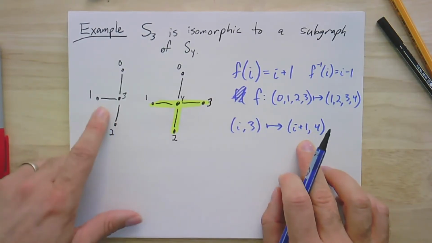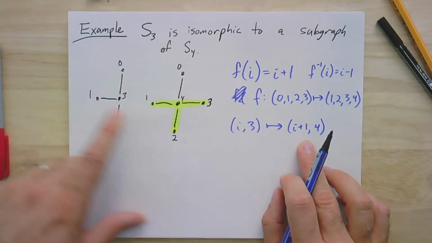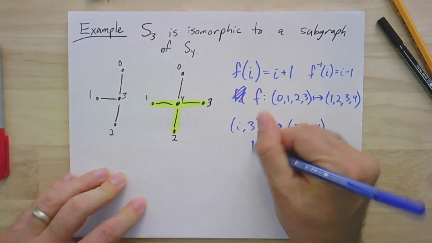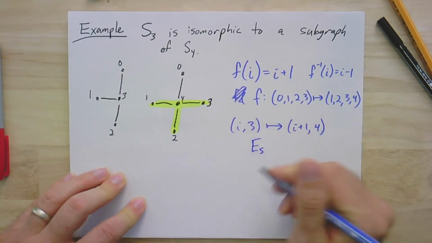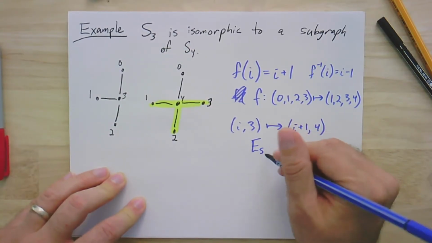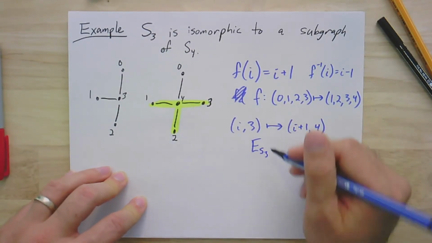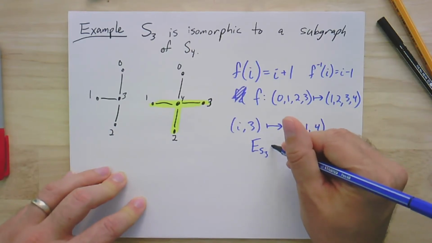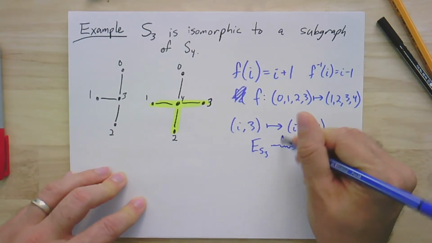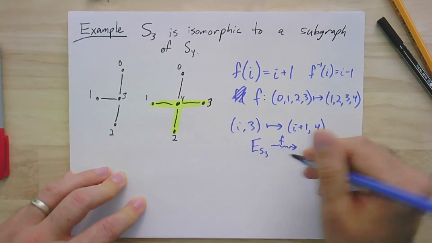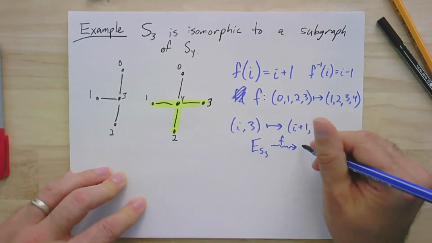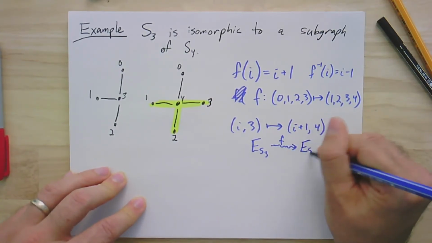So we definitely have all the edges in S3 are contained in the edges of S4. Sorry, the image of them, right? So the edges of S3 get mapped by f in some sense. I'm going to draw this as a wiggly line because we haven't made clear what it means to be mapped by f, but they get mapped right into the edges of S4.